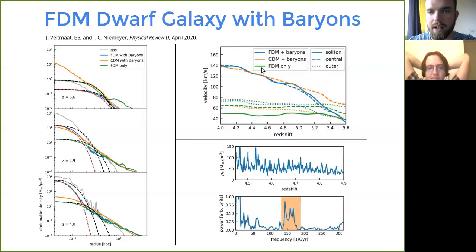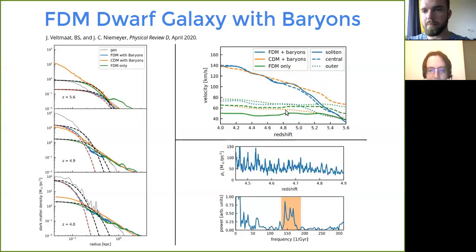And for the first, so this fuzzy dark matter only simulation, we see that all three velocities are constant over different redshifts, and also quite equivalent with each other. So here really the virial velocity at the virial radius is a good proxy for the entire halo velocities.